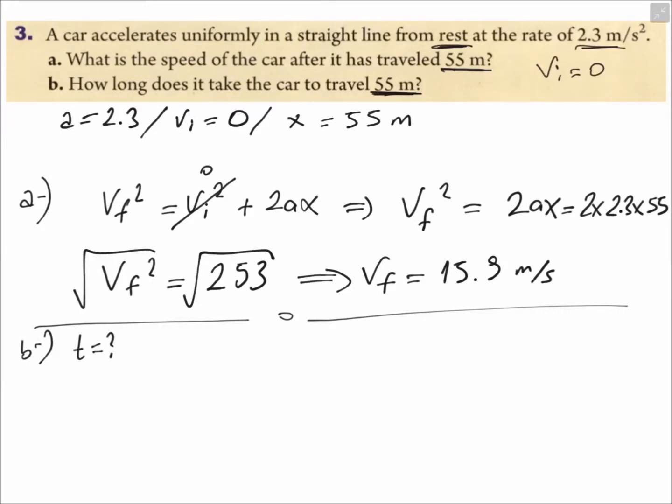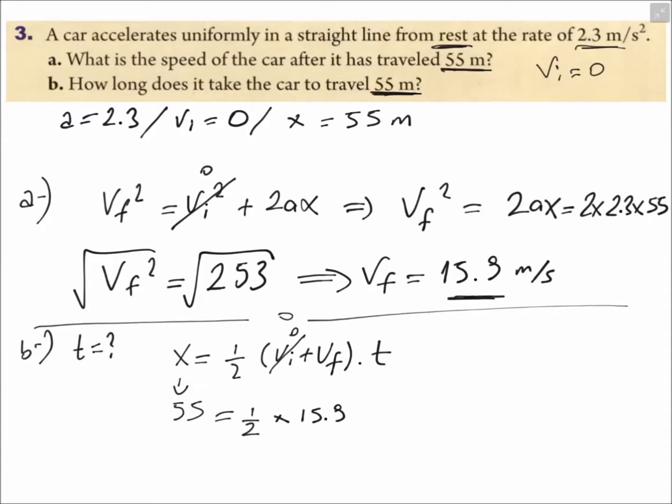So to calculate time, I have another formula: x equals half times V initial plus V final, multiplied by the time. x is given, initial velocity is 0, final velocity I calculated here, and the only missing one is t. So instead of x, 55 equals half times V final, which is 15.9, multiplied by t.